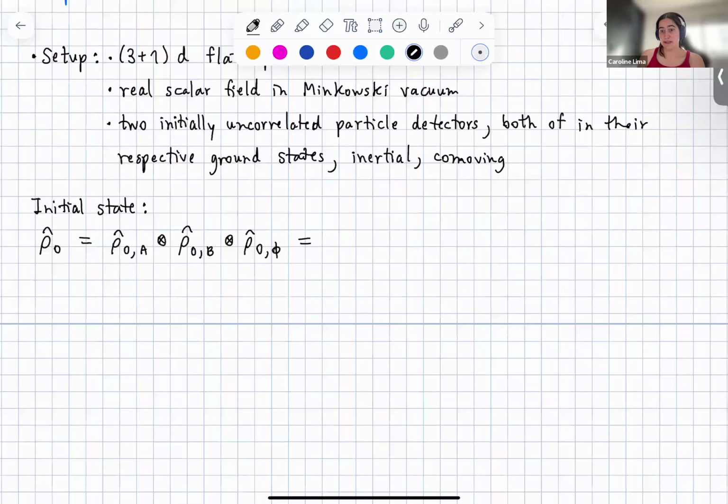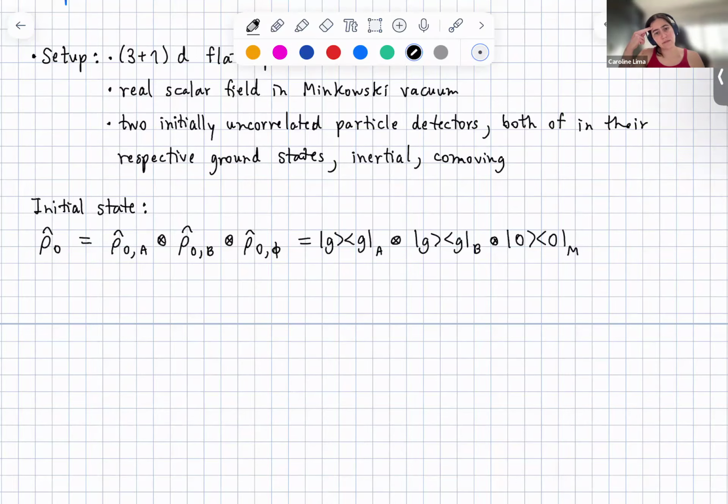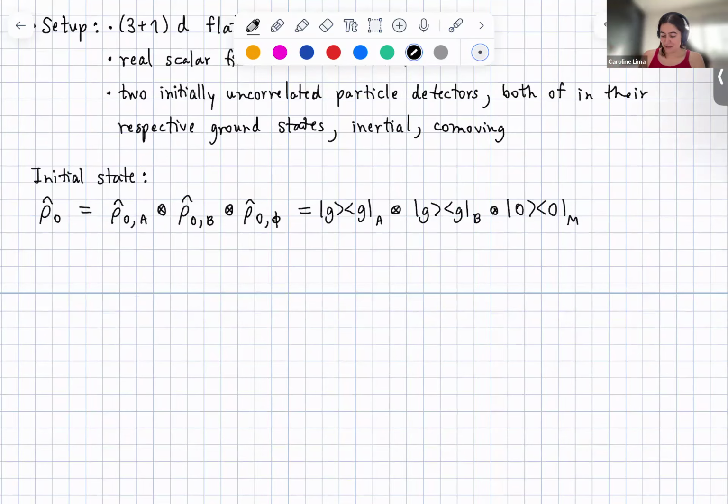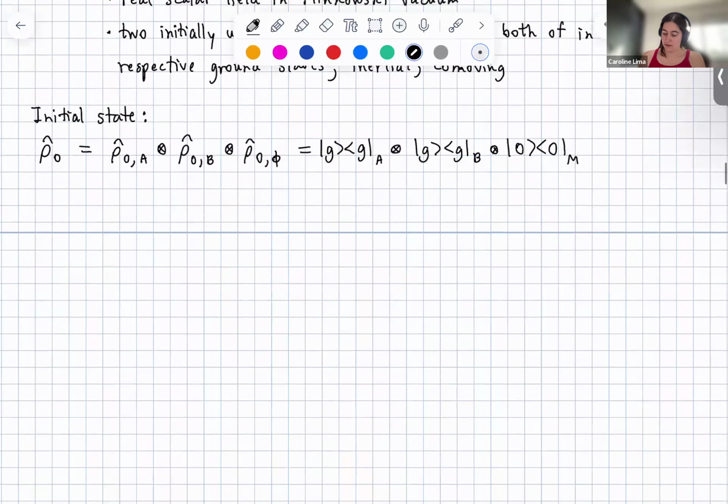So if I write this in the basis of ground and excited for the detectors, this is going to be ground ground for A, tensor ground ground for B, tensor the Minkowski vacuum. Okay, and just that. Later, I may sometimes just drop these A's and B's just to make my life a little bit easier. But I'll always keep the same order, okay? So the first one is going to be A, the second one is going to be B. All right.